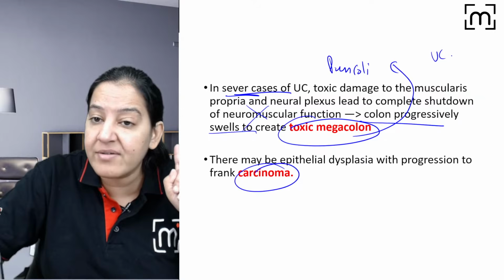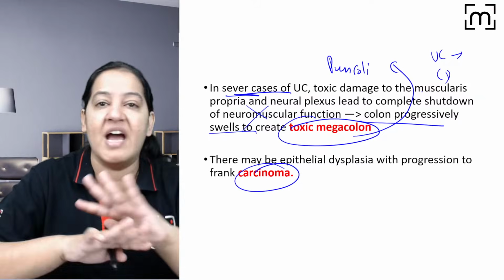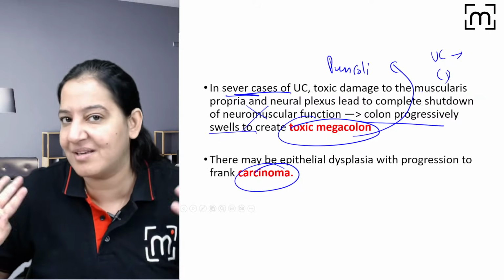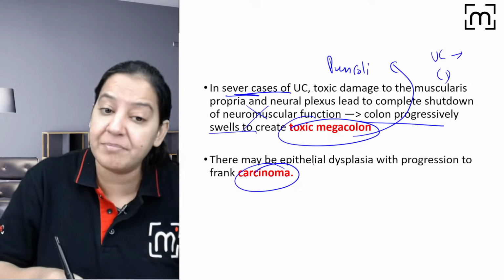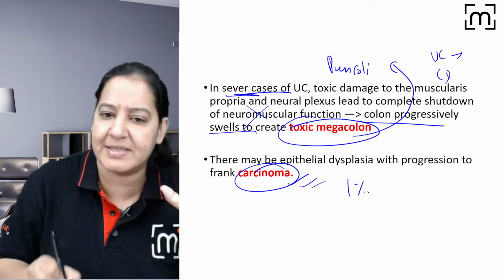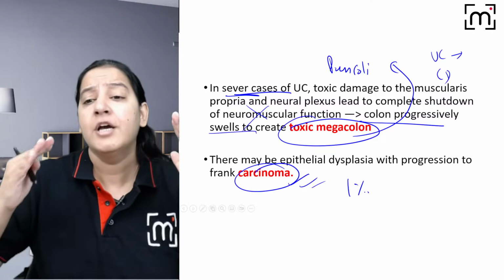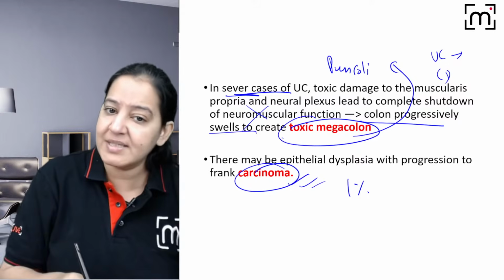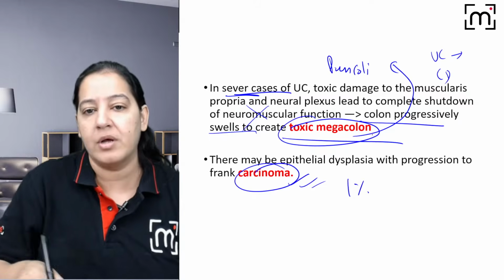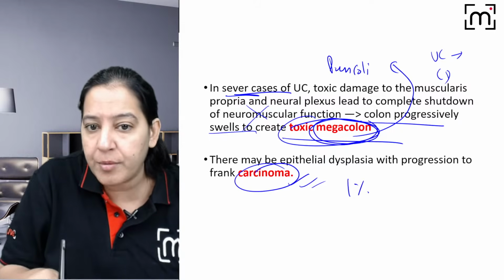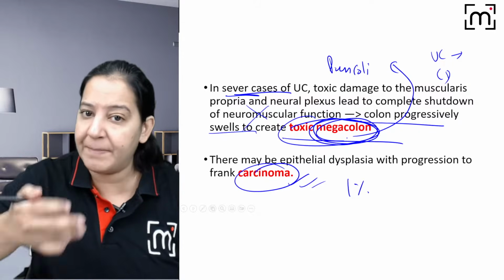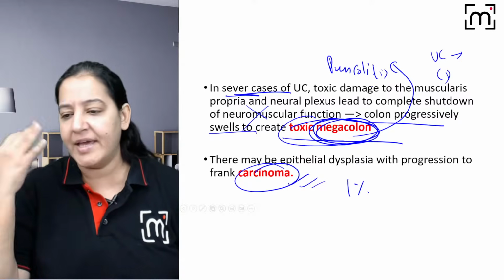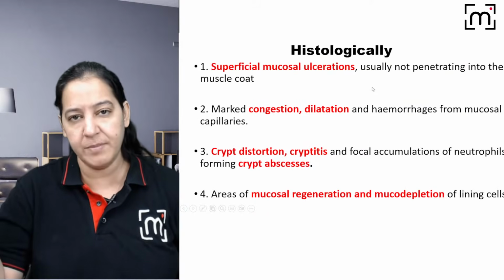So UC can result in carcinoma, but CD can never be malignant. UC sometimes can result in carcinoma only in 1% of cases. After pancolitis, it can result in toxic megacolon. Megacolon means complete colon. Complete colon means pancolitis. I guess you can make it out. Give me a thumbs up.